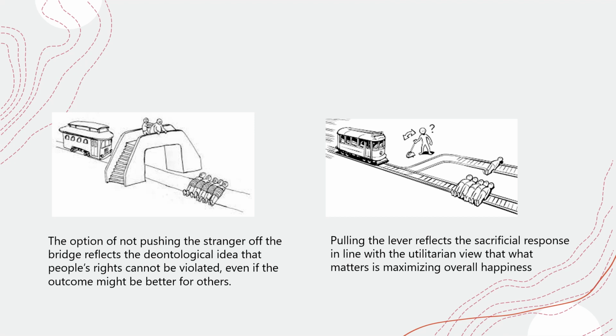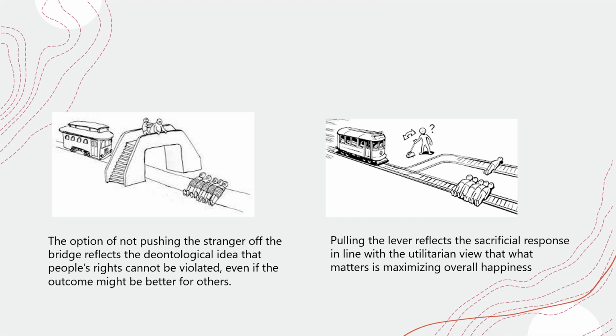So the option of not pushing the stranger off the bridge reflects the deontological idea that people's rights cannot be violated, even if the outcome might be better for others. So the reservations people have here have this deontological focus that you can't violate some people's rights to make other people better off.